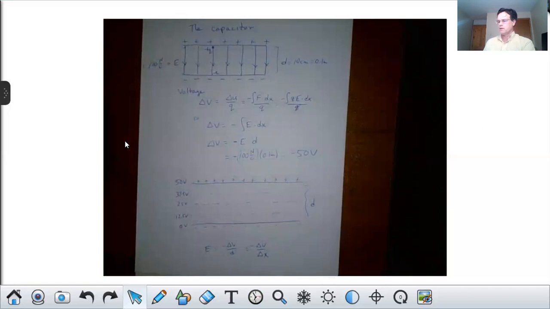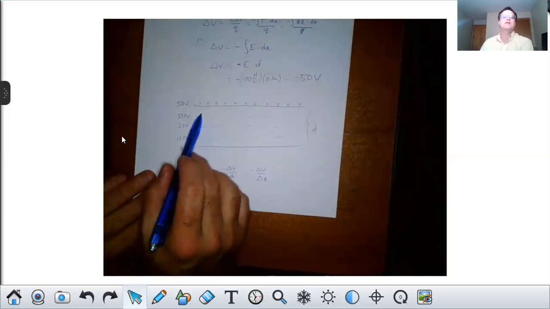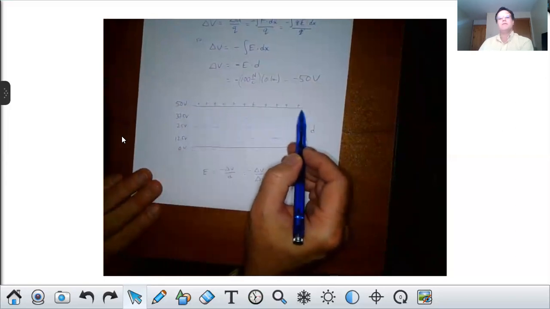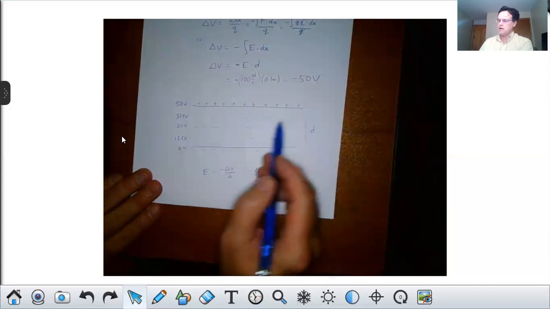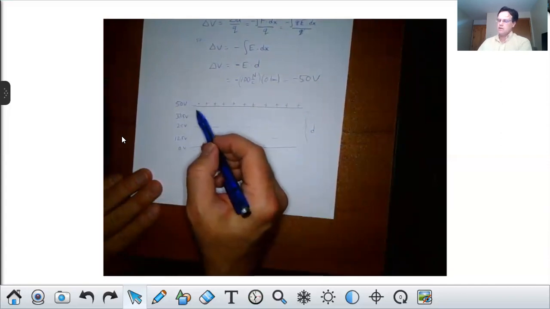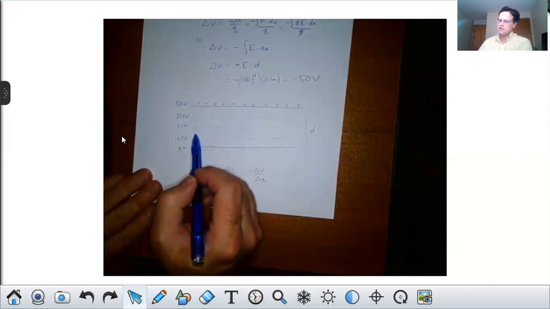Now, I could draw what are called equipotential lines. This drawing's not that great, but I have 50 volts at my positive plate. I could define 0 at my negative plate. So if I look everywhere in between, in this case at equal spacings, I drop by the same amount of voltage.